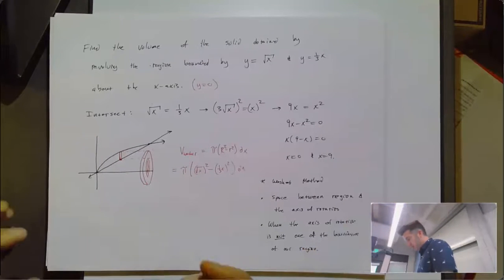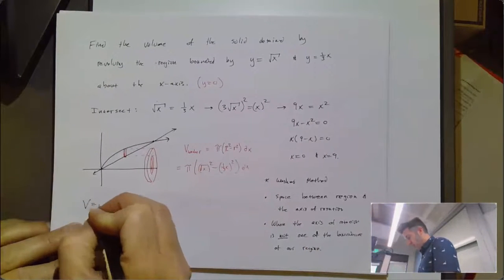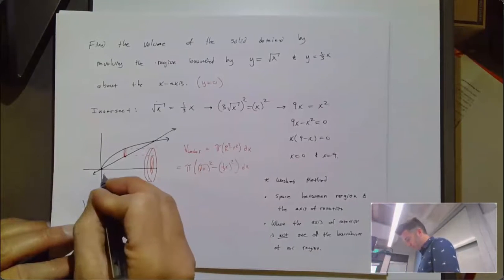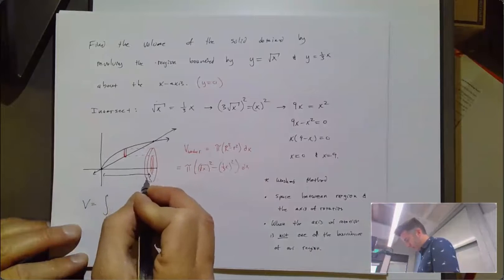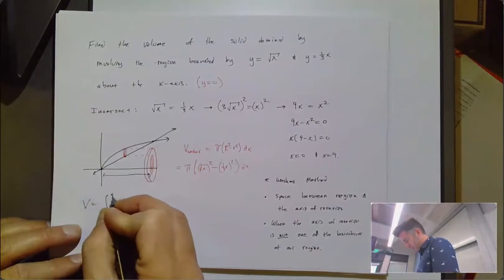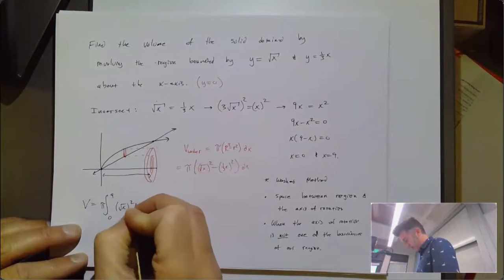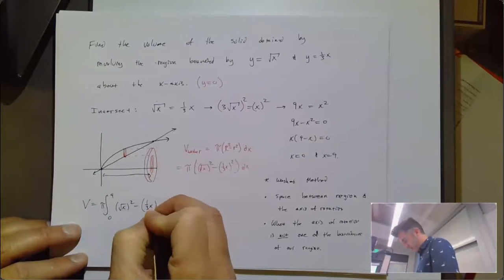So then the total volume we're going to calculate by doing the integral from as far left as 0 to as far right as 9 of pi times the square root of x squared minus 1/3 x squared dx.